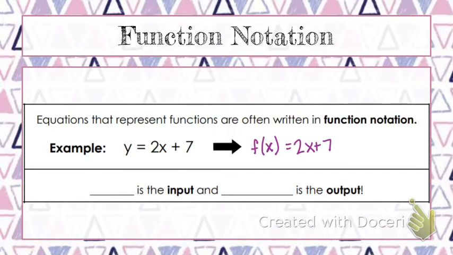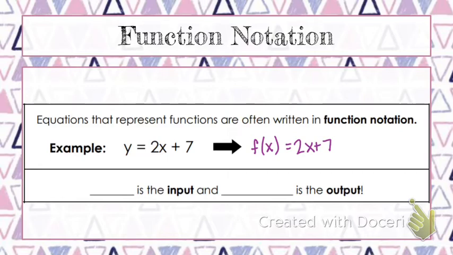So f of x represents, in a long fancy way of saying this, a function of x that is 2x plus 7. We're going to look at lots of examples, so don't worry about that.